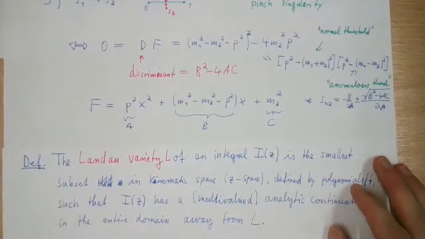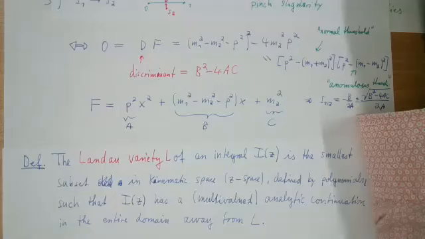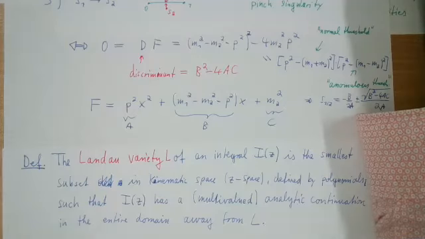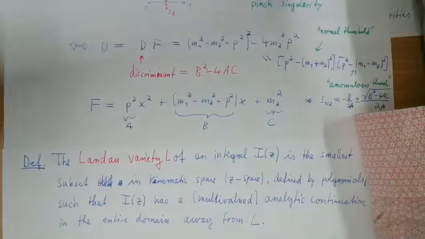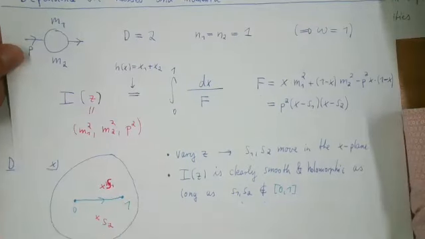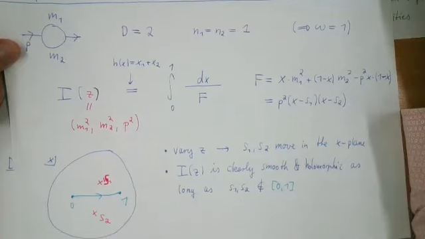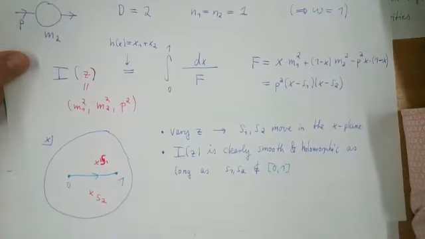All right, so this is now the final lecture of this very short series. Last time we looked at this bubble integral with two masses and a momentum, and we looked at what happens when the masses and momenta change and the points move around.